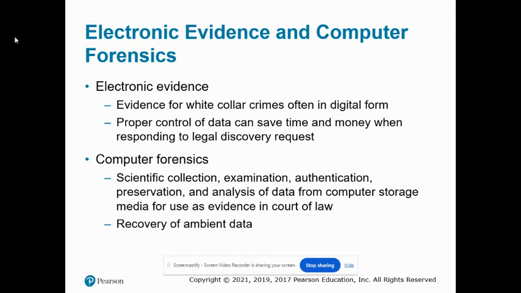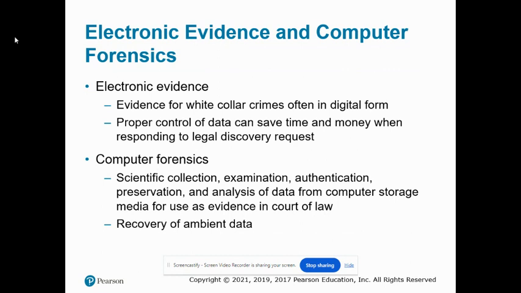Security, control, and electronic records management are essential today for responding to legal actions. Note that in a legal action, a firm is obligated to respond to a discovery request for access to information that may be used as evidence, and the company is required by law to produce those data.